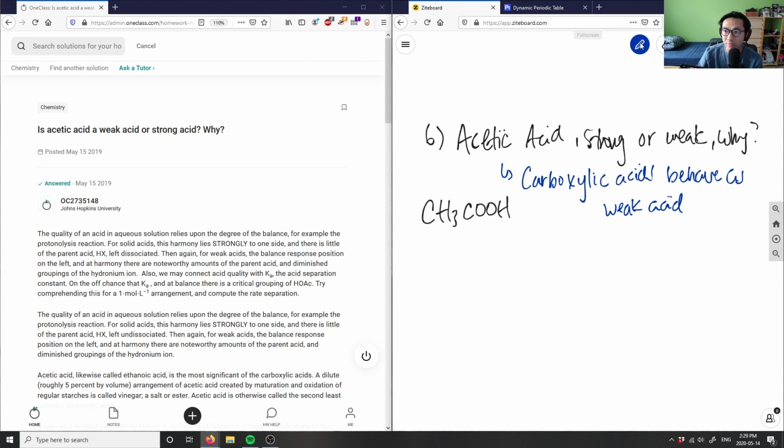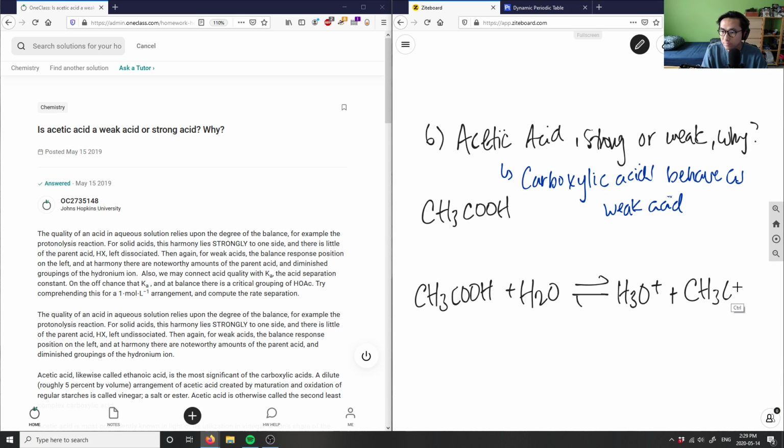The reason why is because we have an acetate ion and this H plus ion, right? So if I have acetic acid here, I can draw out my equilibrium. CH3COOH is going to react with water to form H3O plus, because I know it's a weak acid, and my acetate ion, CH3COO minus.